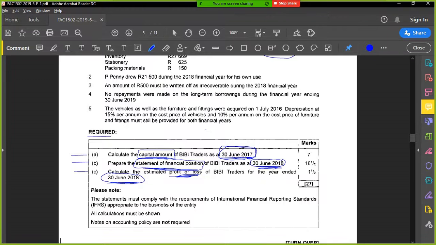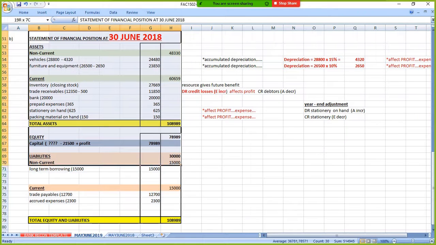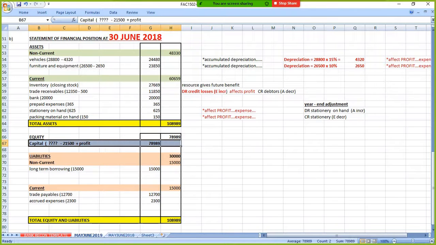How many marks was B for? 18.5 marks. You've got 18.5 marks. You now need to go look at number 1 and number 3. That's complete. So this figure is at the beginning or the end? It's the end.